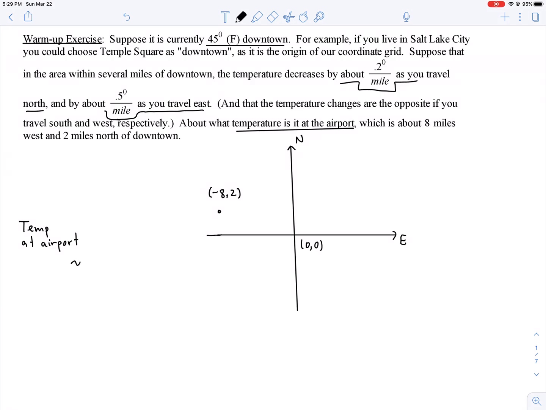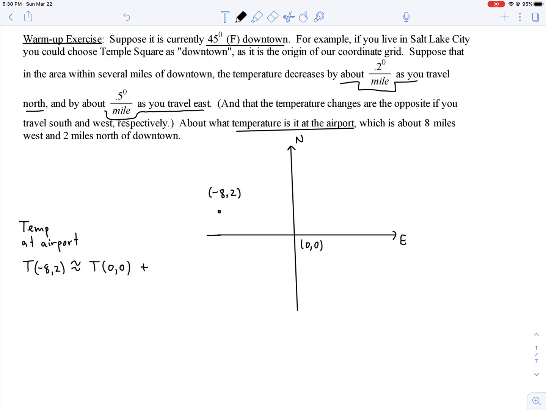Well, a good zeroth order approximation would be just the temperature at downtown. So T at (-8, 2) is about T downtown plus.